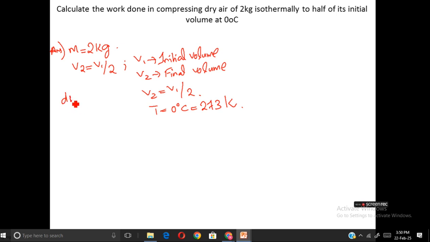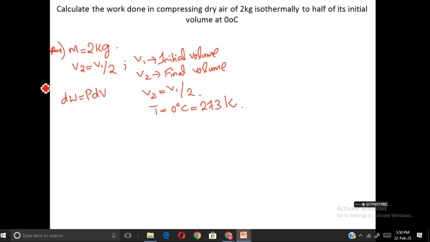The work done dW is given by P into dV. This is basically pressure volume work. So the change in work done is given by pressure into change in the volume. We don't know the value of P. We do know the change in volume, which has changed from V1 to V1 by 2.